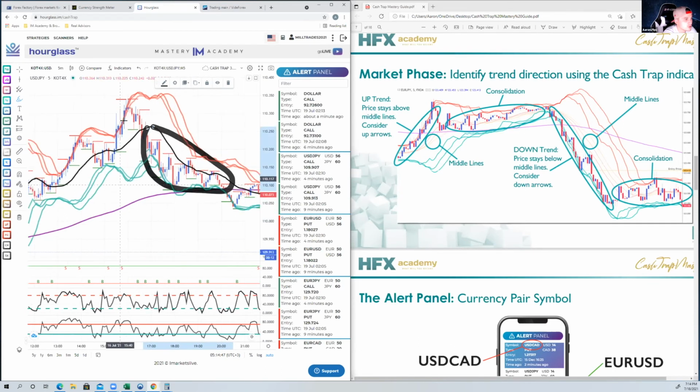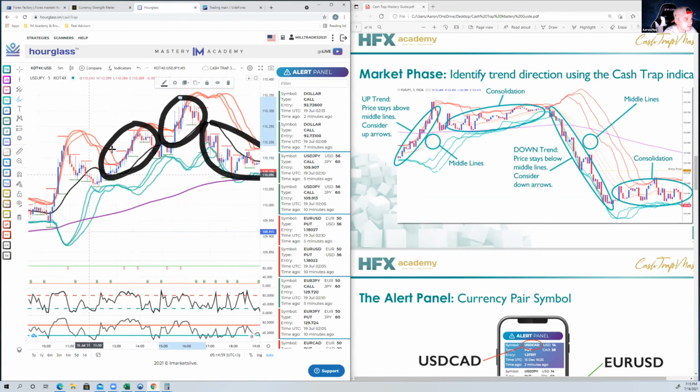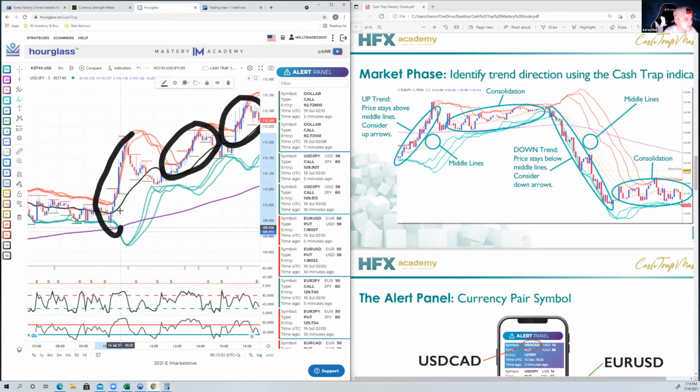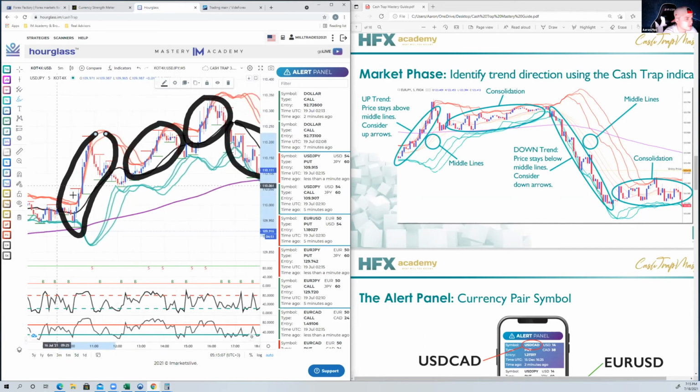Now let's look at an uptrend. Wow. Respected that line. Respected this line. And respected this line. So throughout these areas, you know you can buy in this one over here.